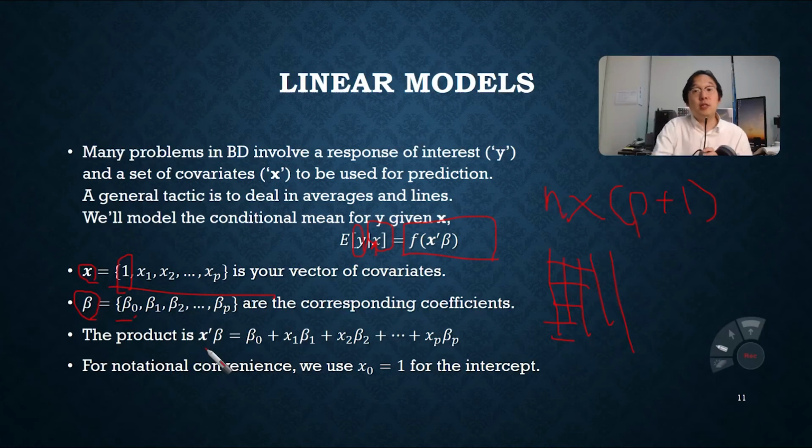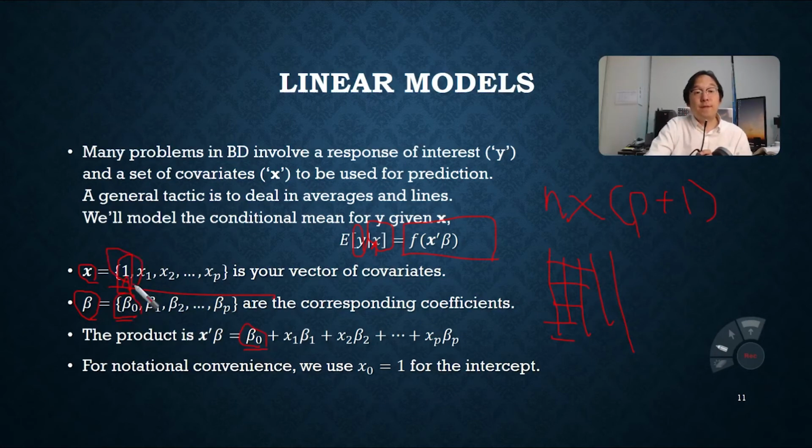If it is just a scalar multiple, we just say x beta or x dot beta. But this is a matrix times a vector, so we use this notation over here, so that it's going to be beta 0 plus, which is what? Beta 0 times 1.